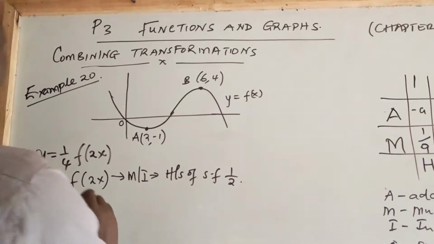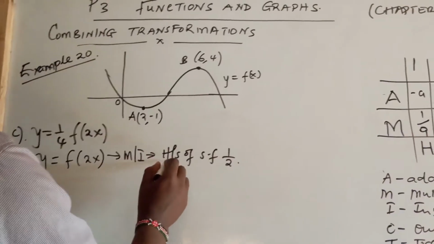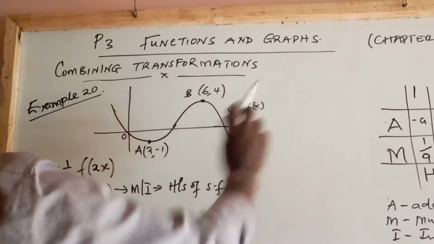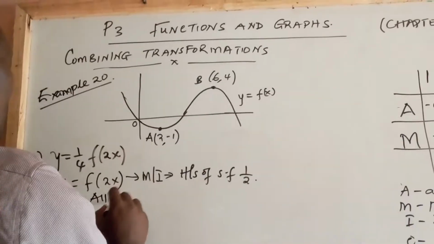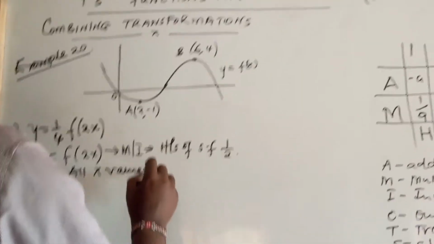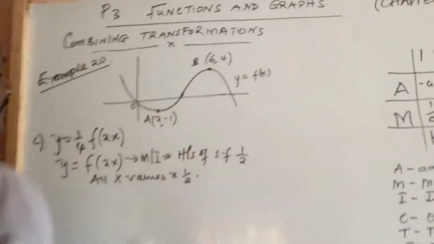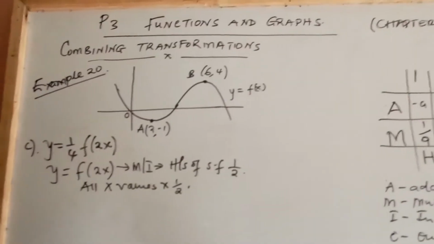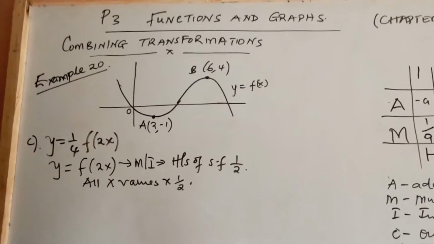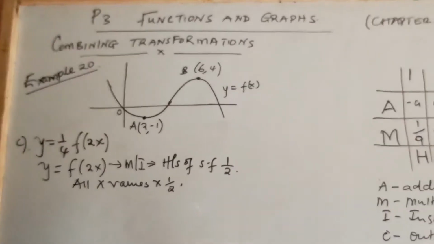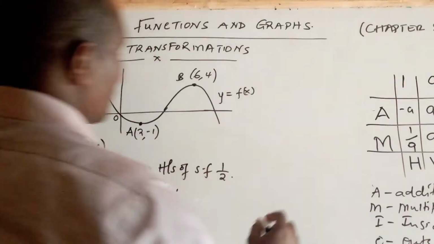What does this mean? This means anything horizontal, it affects the x values. All x values times a half. Times a half means divide by 2. And that is exactly what you're going to see.